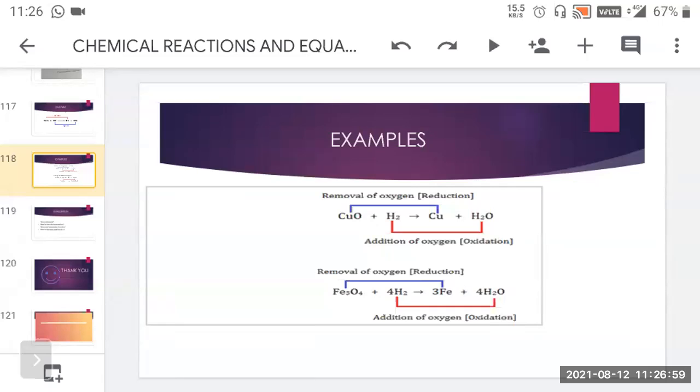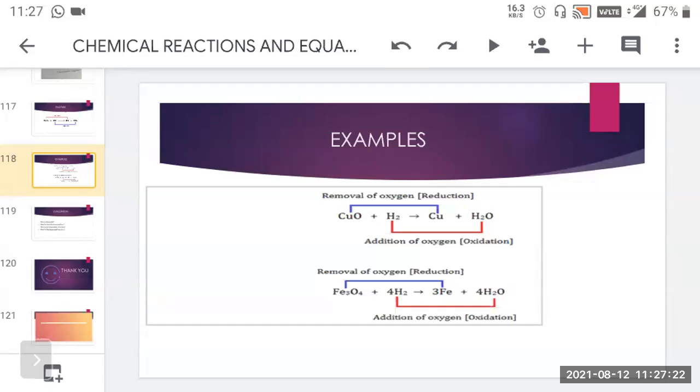Then comes the double displacement where 2 elements are replaced. Here 2 compounds we are using, and replacement of 2 elements will take place. But here we don't have to use the reactivity series. The reactivity series is only used in single displacement reactions. None of the other reactions can use it.